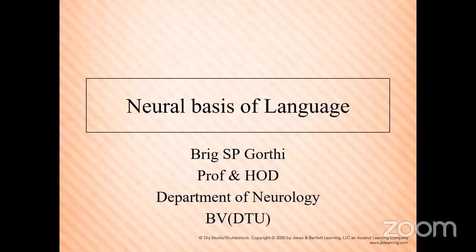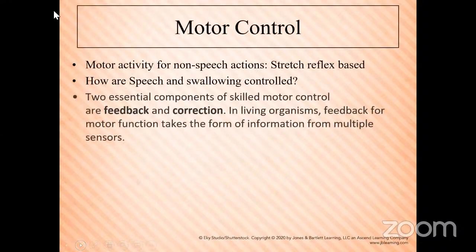With this introduction, we have in the previous class learned about dysarthria, and here we are going to talk mostly about language, but we'll touch briefly on motor control also, because motor control is essential for speech generation.